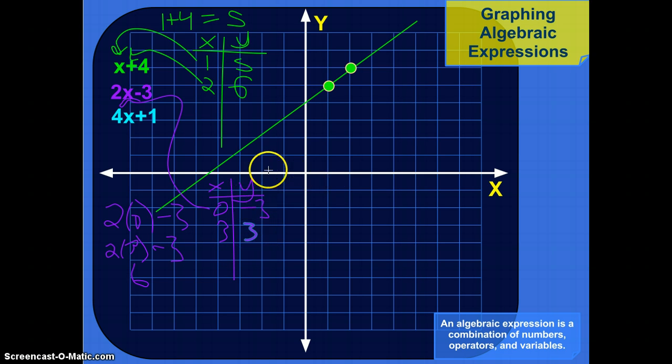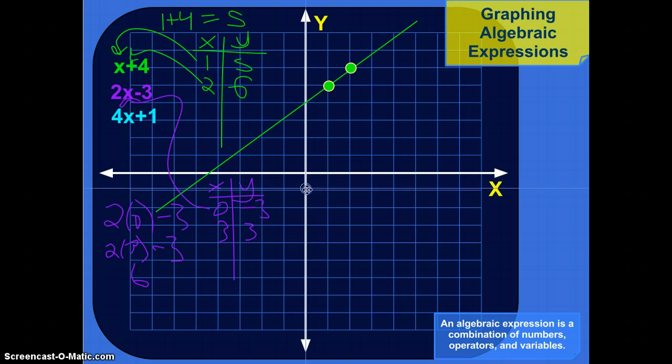So I've got 2 points here where I can plot the results of my evaluation of this expression. So when x is 0, then the value of the expression is negative 3. So I'll plot 0 on my x-axis, and then y represents the result.